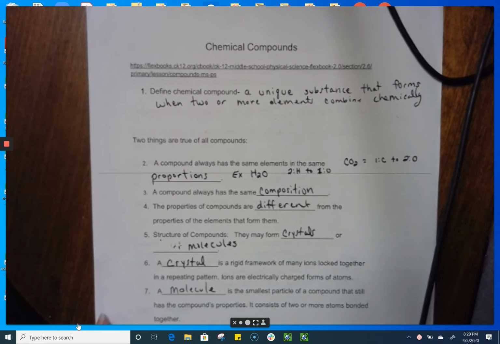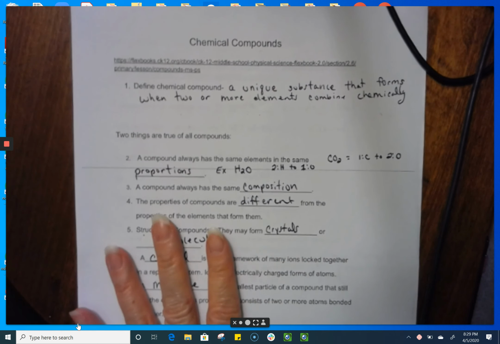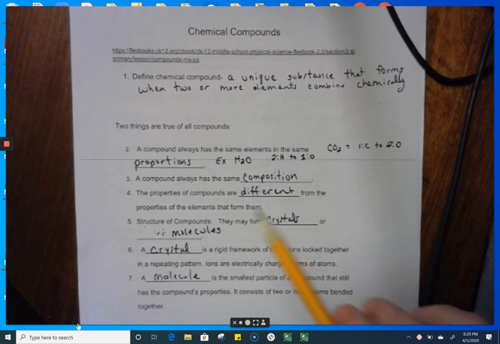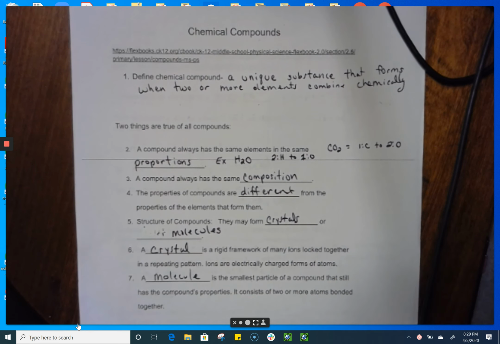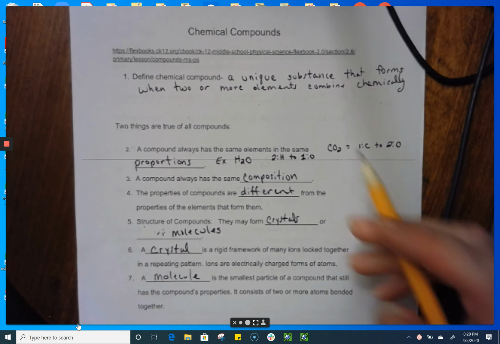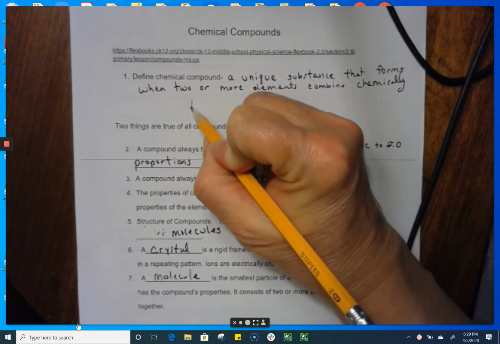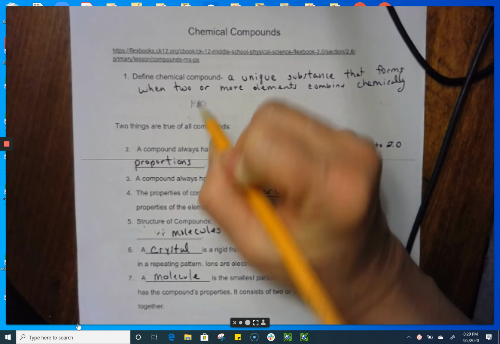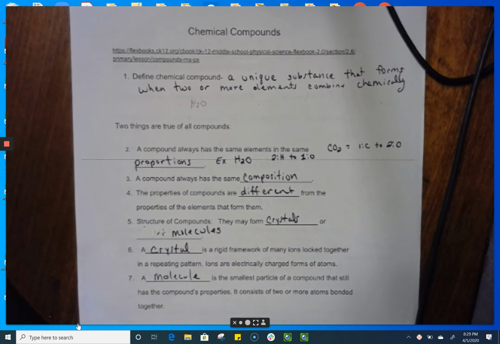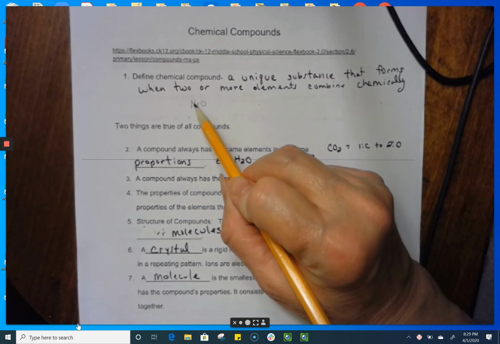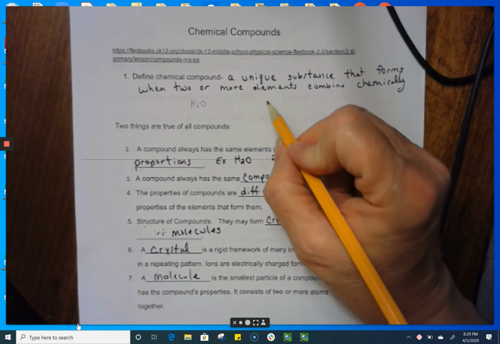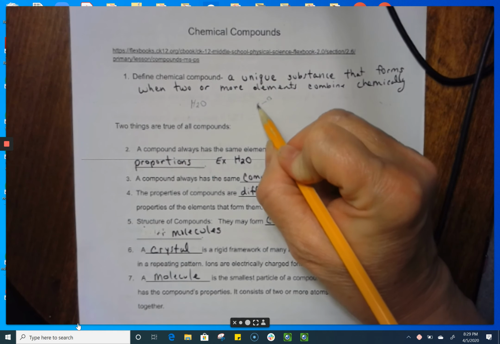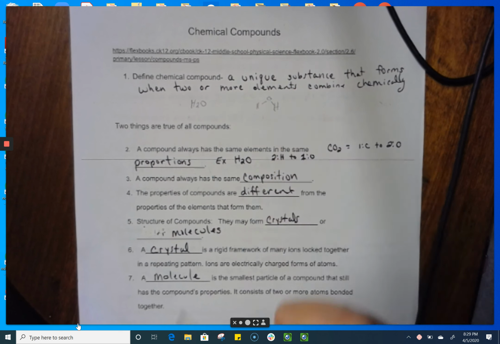Going to the next worksheet, chemical compounds. A chemical compound is a unique substance that forms when 2 or more elements combine chemically. So the classic example here would be water. You hear water referred to as H2O, and that's because it requires 2 atoms of hydrogen bonding to 1 atom of oxygen to form a water molecule.